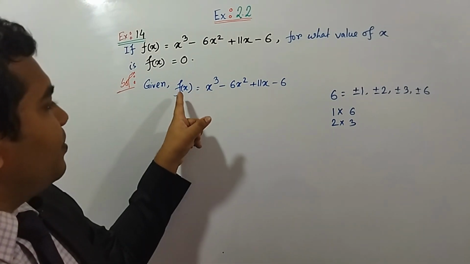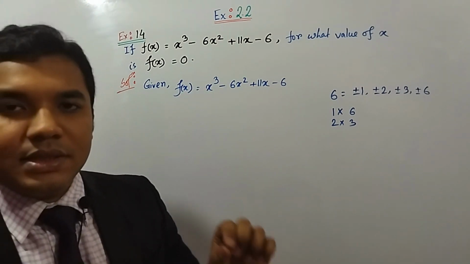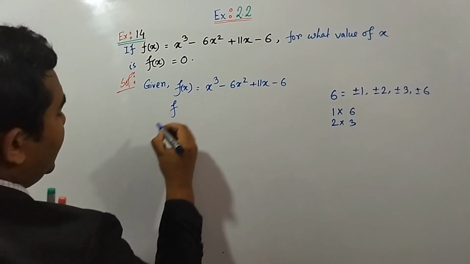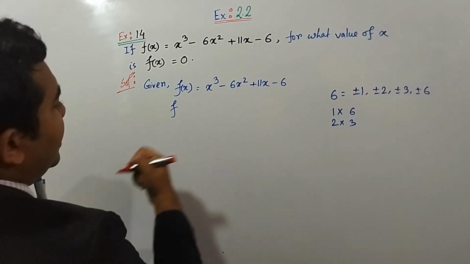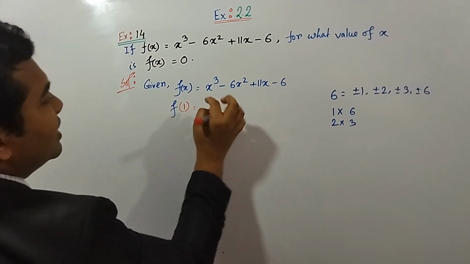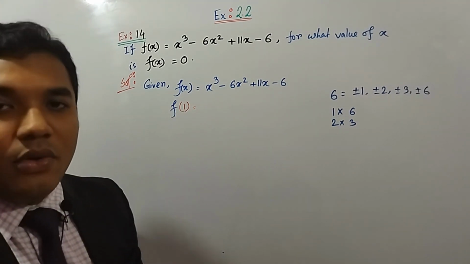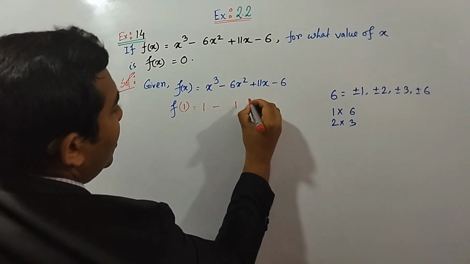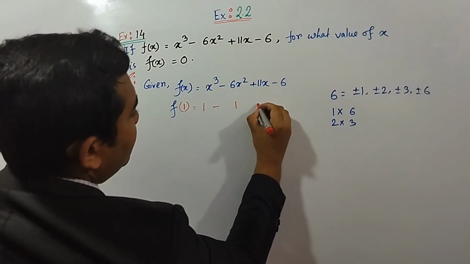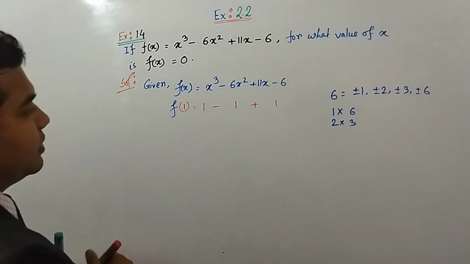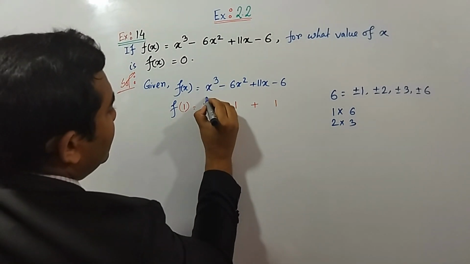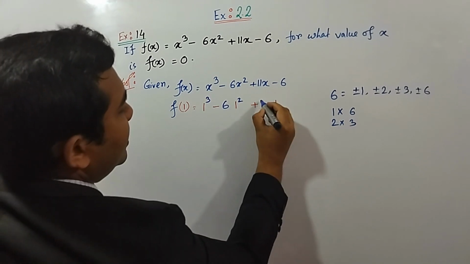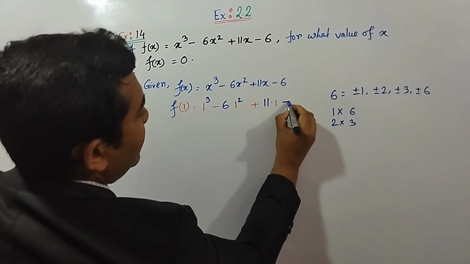If we put plus 1 in the place of x, then the function will be 0. How? Let's have a look. 1 cubed minus 6 into 1 squared plus 11 into 1 minus 6.